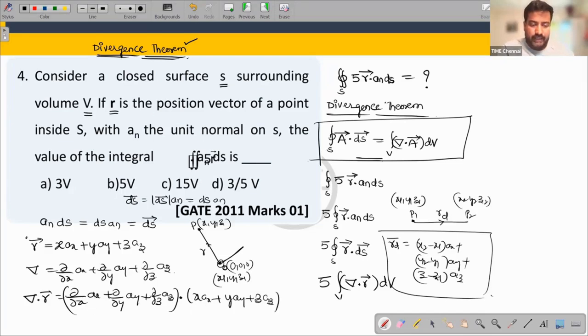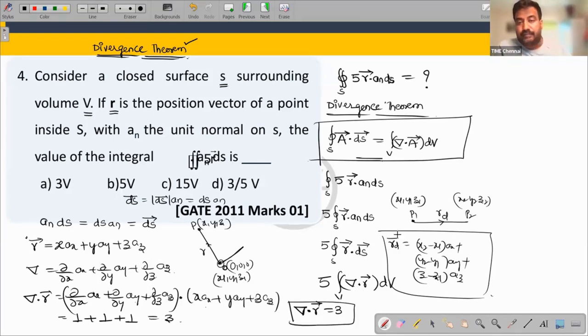Ax dot ax is 1, ay dot ay is 1, az dot az is 1, dot product being element by element multiplication. Dou by dou x of x is 1, plus dou by dou y of y is 1, plus dou by dou z of z is 1. This is 3. Here is the shortcut: in examination, you should never solve del dot R, because del dot R is always 3. You need not solve. So you got 3 here.